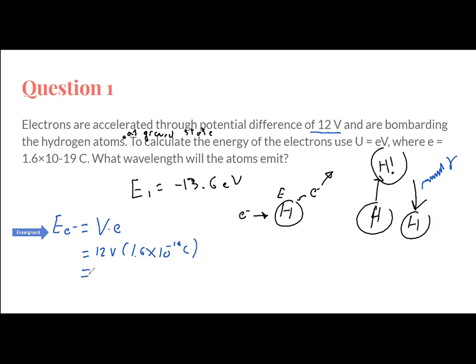At this point, it's 12 times 1.6 times 10 to the negative 19. You should get 1.92 times 10 to the negative 18 joules.